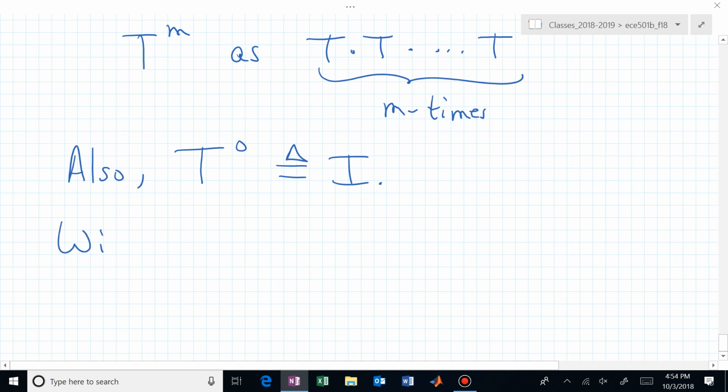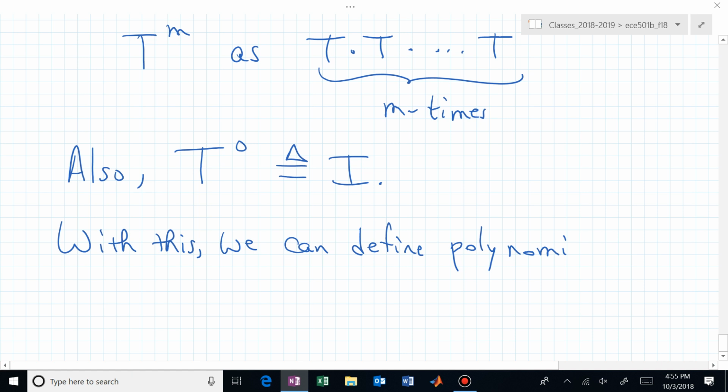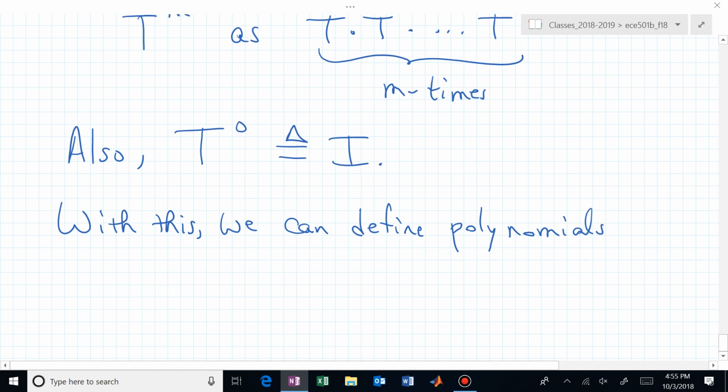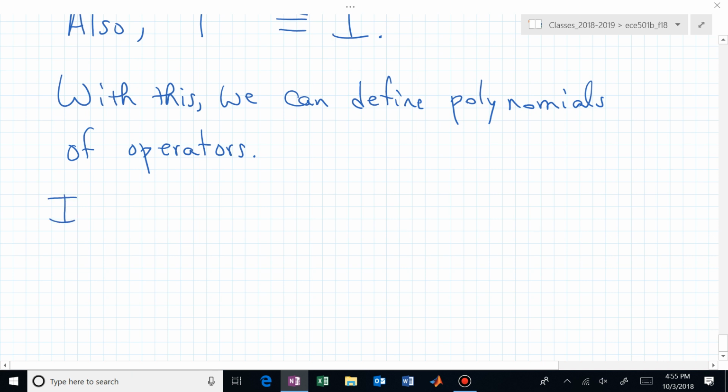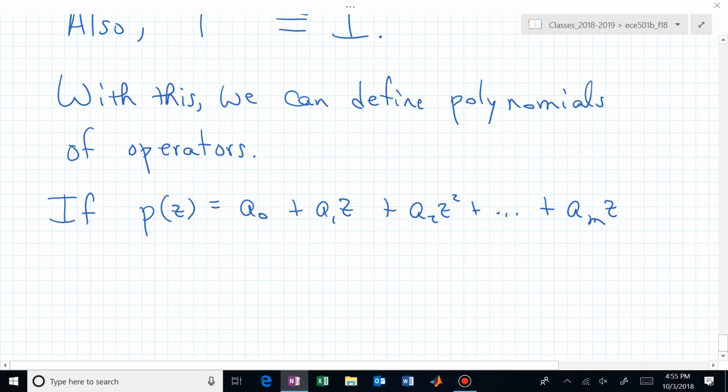So with this, we can define polynomials of operators, such that if we had a polynomial p of z, which is now, let's say, a sub 0 plus a sub 1 z plus a sub 2 z squared up to, let's say, a sub m z to the m.